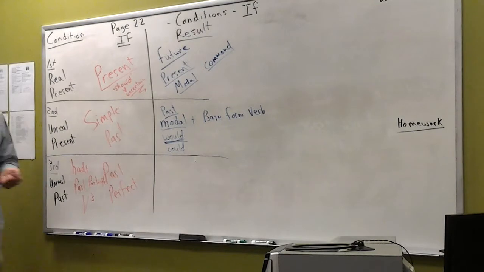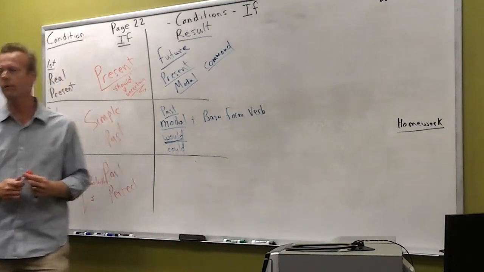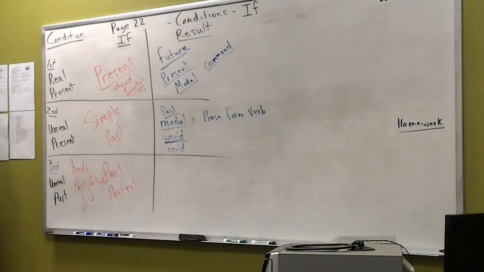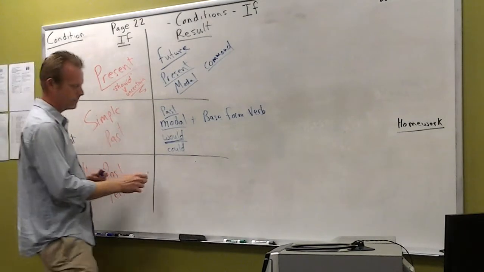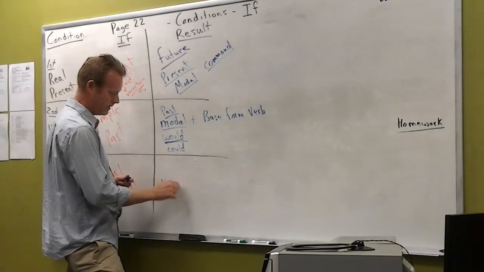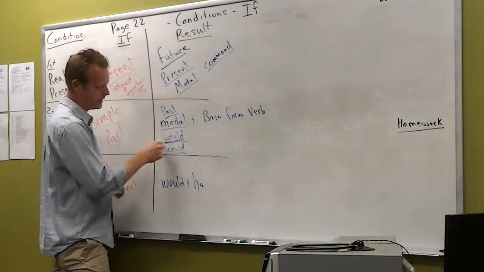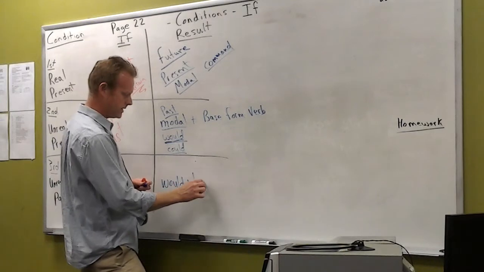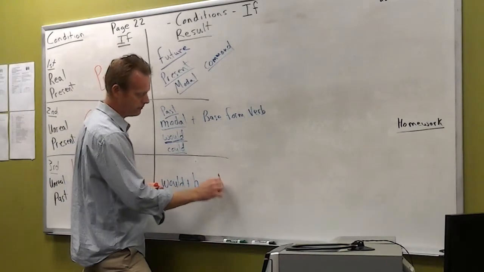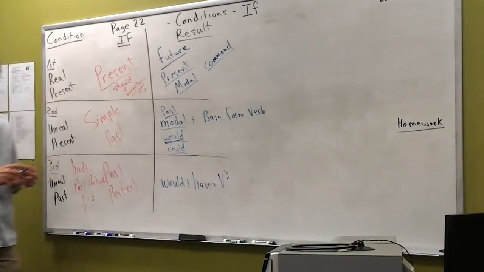Then over here, what's the formula? Would have plus participle. Good. I need would plus have. Again, would plus have plus the verb 3, or past participle. Are you guys okay?